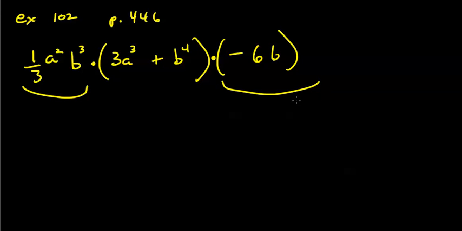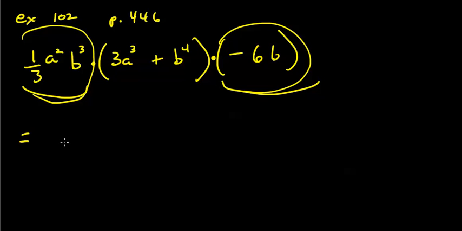So I'm going to multiply monomials here first. I suppose what you do first depends on the problem you're attacking. If I multiply a third a squared b cubed times minus 6b, that'll give me minus 2a squared b to the fourth. Okay?